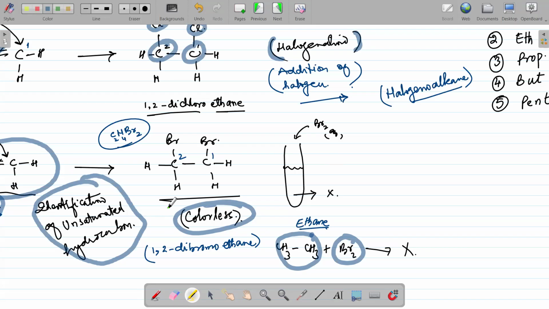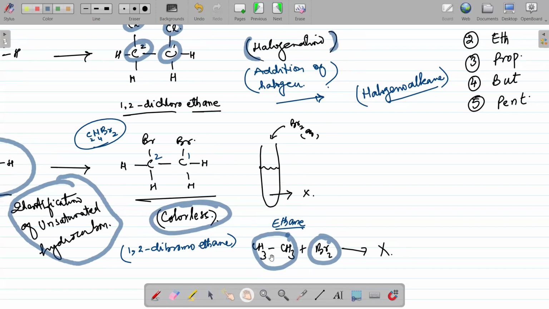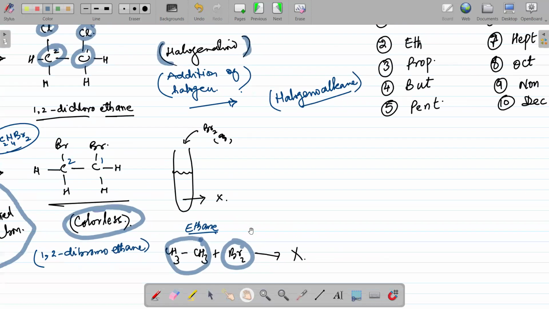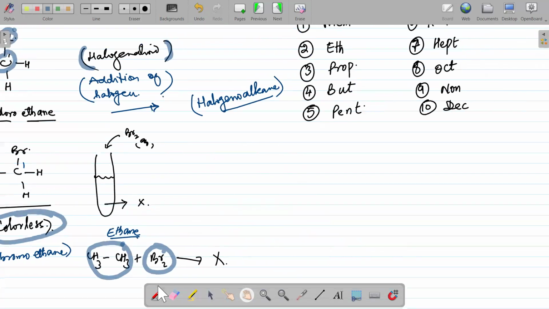Is it clear? So colorless means that it's an unsaturated compound. And if the color remains, then it's a saturated compound. Exactly.